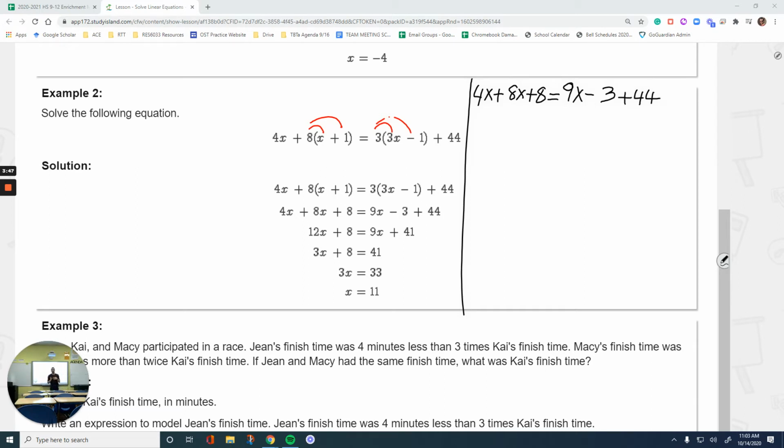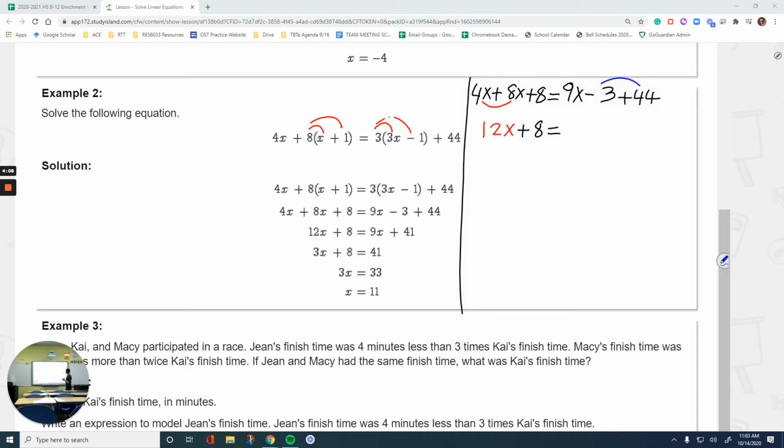Now, see if you have like terms on the same side. I have these two, 4x plus 8x. Let's combine them together. These two give me 12x. And then drop down the 8 and the equals. Now I have these two numbers on the right side.